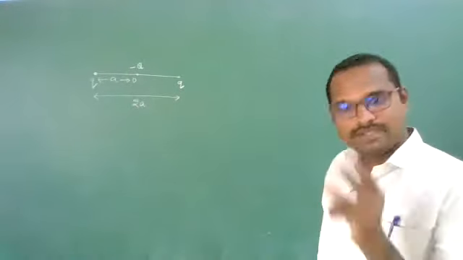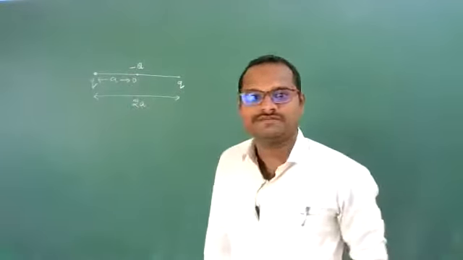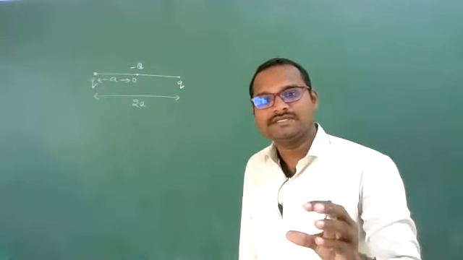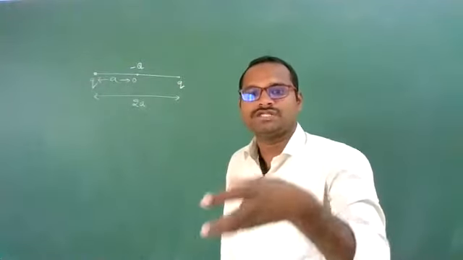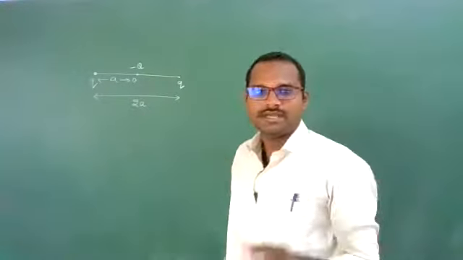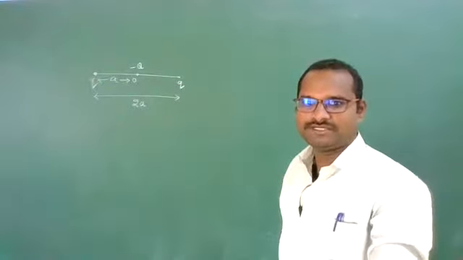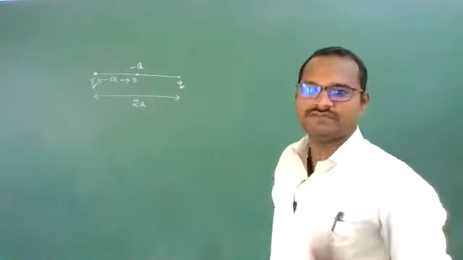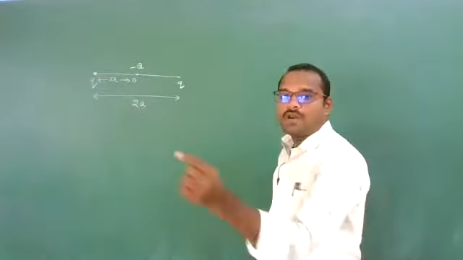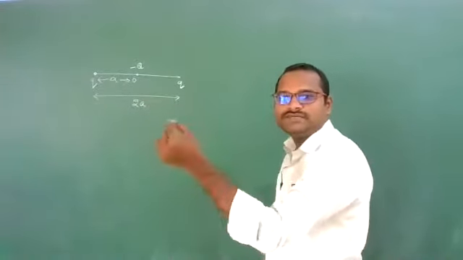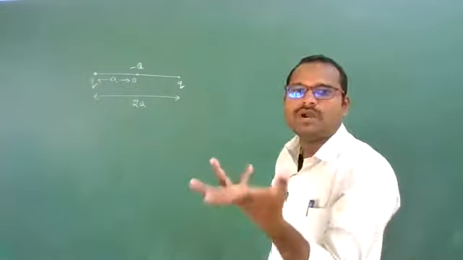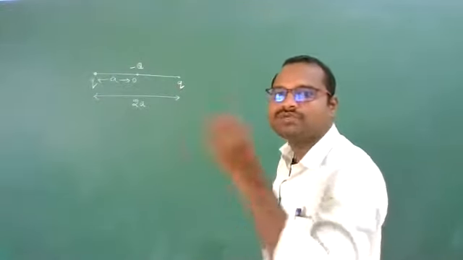Now, once a charge is in equilibrium, we need to find whether it is in stable, unstable, or neutral equilibrium. As you know, what is stable equilibrium, unstable equilibrium, and neutral equilibrium? Along the line joining these centers, if you displace this charge particle, will it come back or not? You check.